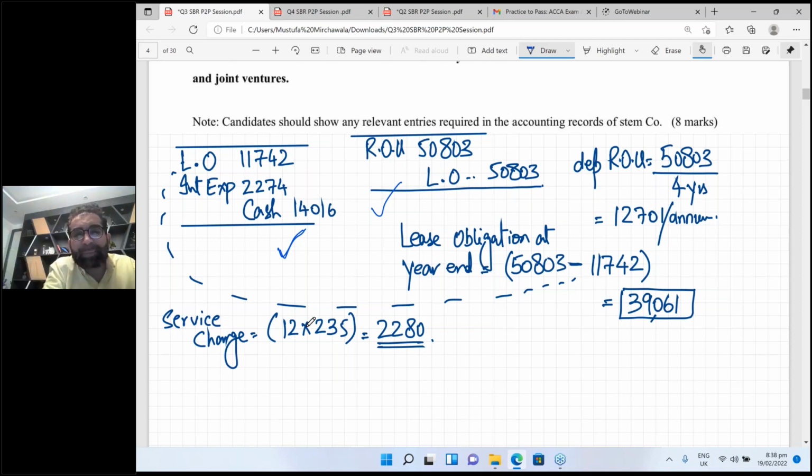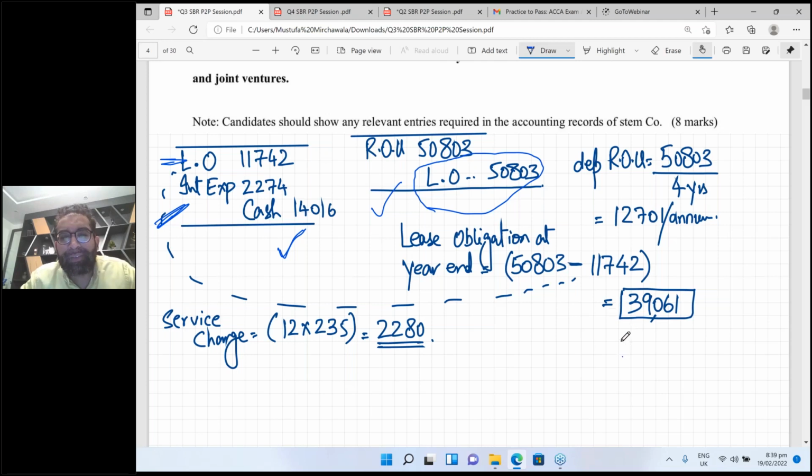This is your interest expense debit, and LO means lease obligation. Now students, please think. At the beginning of the year, how much was your lease obligation? It was 50803, and it reduced by this amount, 11742.